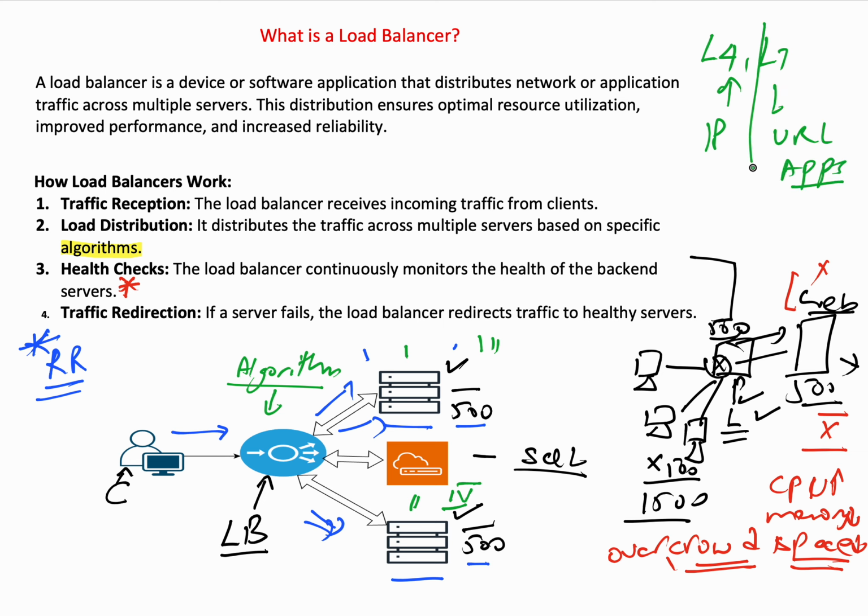So traffic is distributed based on your application URLs, applications, etc. And L4 is where your traffic is distributed based on the IP address and your port numbers. These are two things that you need to keep in mind. The rest is pretty simple. A load balancer is a device which will help you redistribute your traffic so that no one device is overwhelmed and your network connectivity is optimal and very smooth.